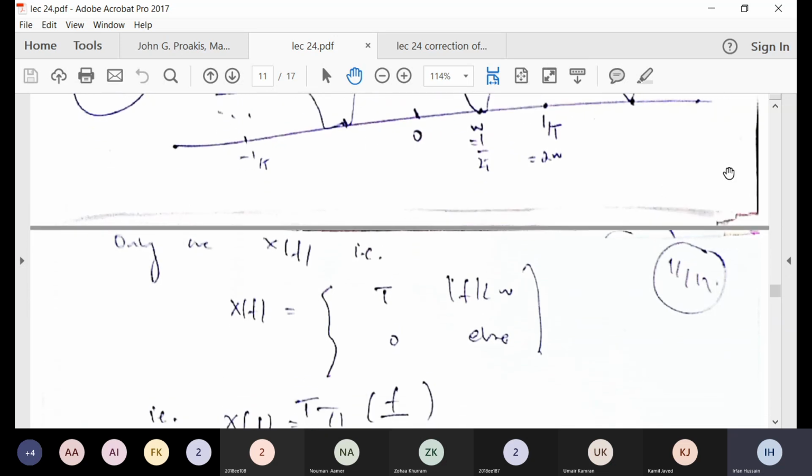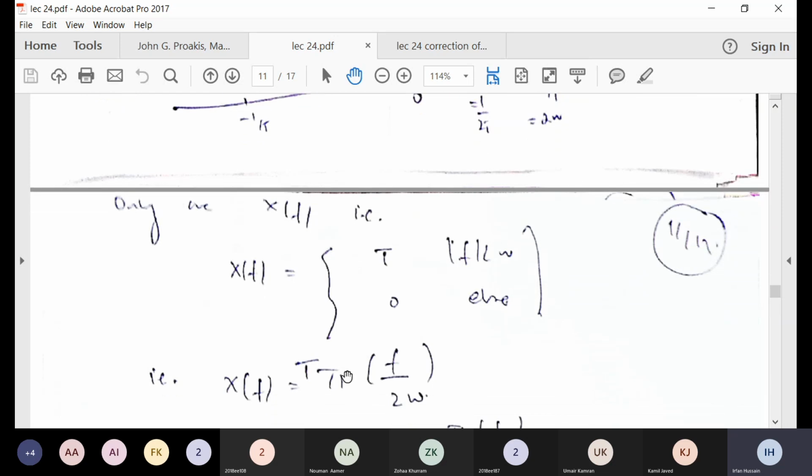So you will require your x of f to be of height t, and its width we just saw, t is equal to 1 over 2w. So the width of the pulse is equal to 2w.